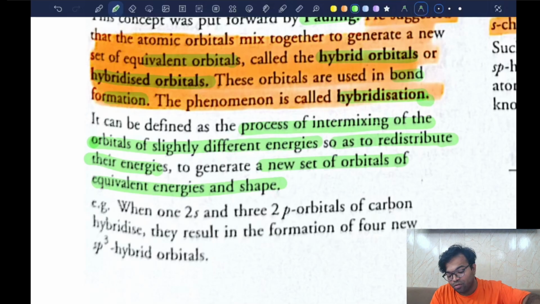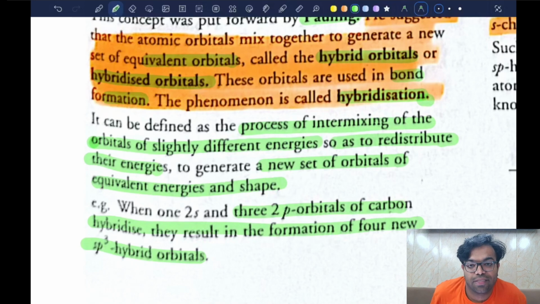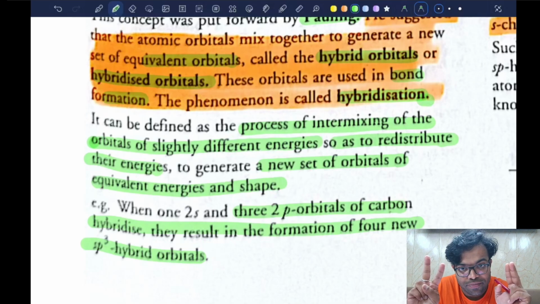So, when one 2s and three 2p orbitals of carbon hybridize, they result in the formation of four sp3 hybrid orbitals. How many orbitals participate in the hybridization determines the number of hybrid orbitals. If one s and one p orbital hybridize, you get two sp orbitals.